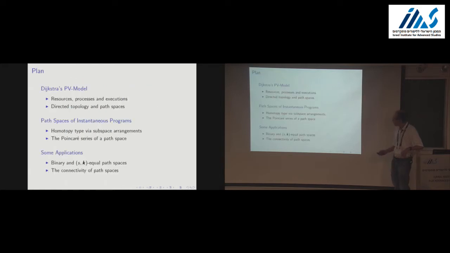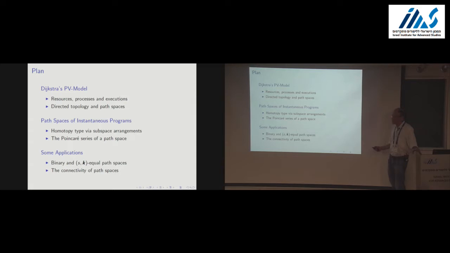So the plan is as follows. I'll first tell you about the Dijkstra PV model. This is a very simple model, and we'll discuss both the combinatorics and the path spaces that arise from this model and see a few examples. Then we'll focus on path spaces of specific programs which are called instantaneous, simpler than the general model.